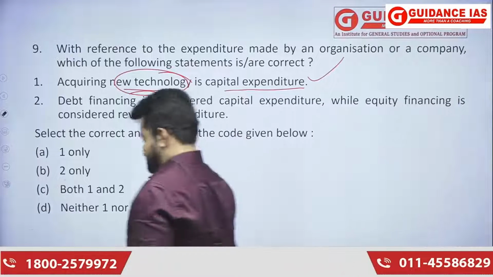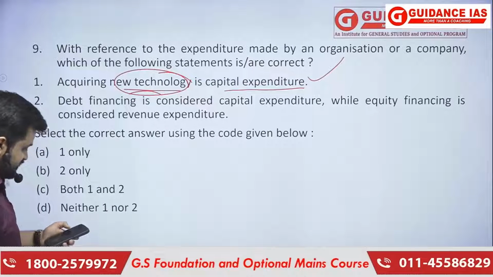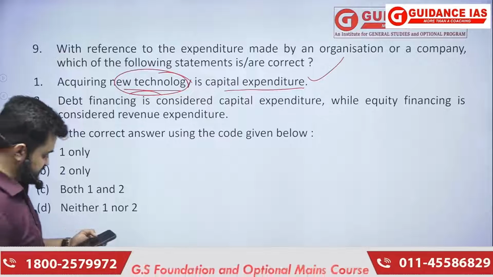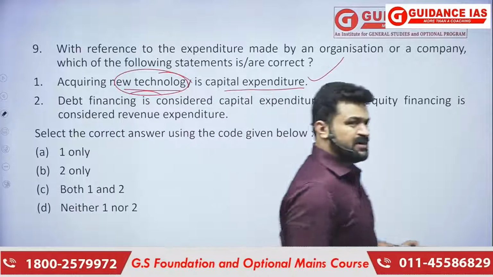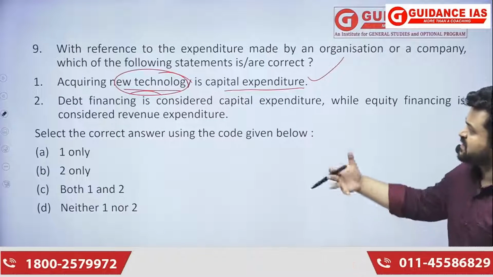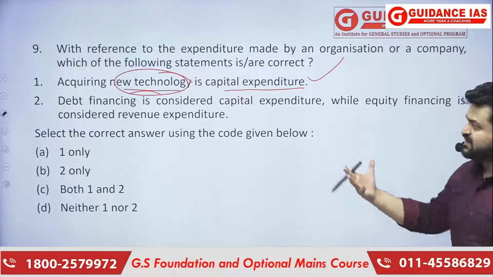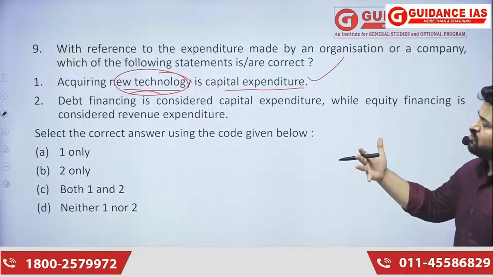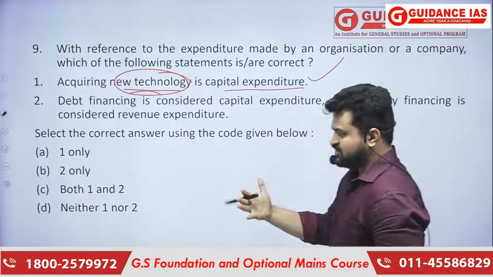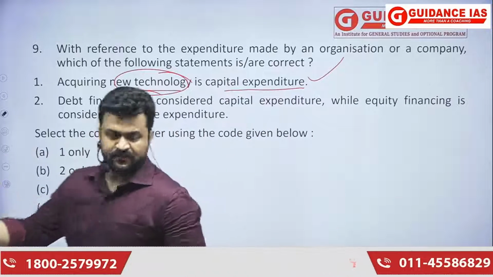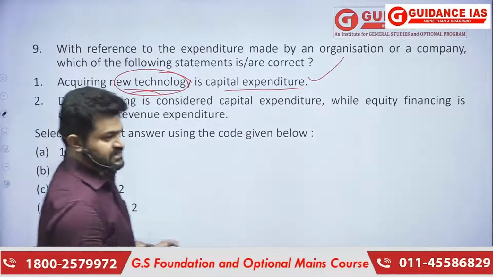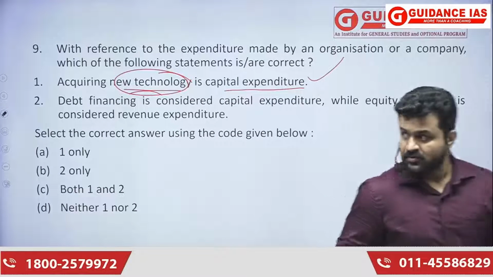Consider the second statement, that debt financing is considered capital expenditure while equity financing is considered revenue expenditure. Debt financing simply means financing the debt, that is borrowing, taking the money while making sure that you pay it back after a time. Okay, so that first of all is a receipt.